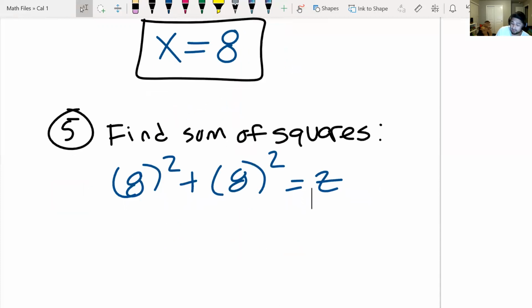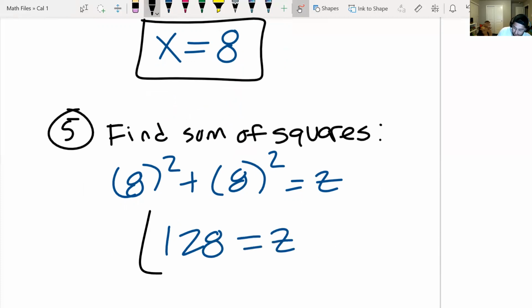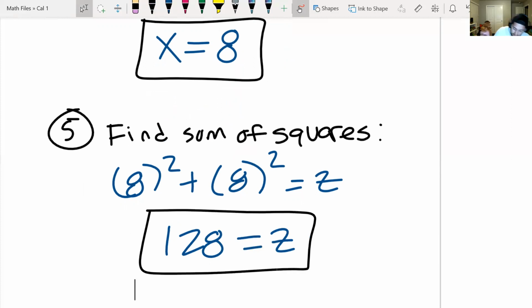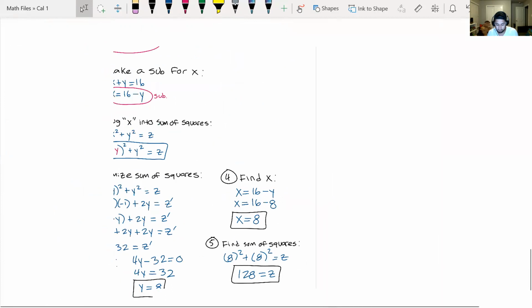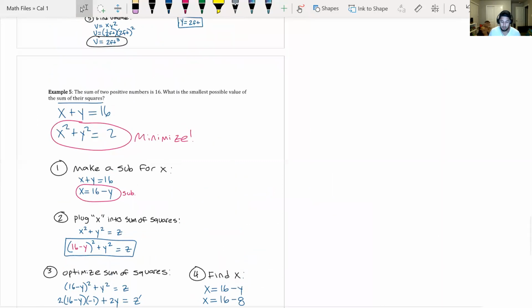And the smallest possible value for the sum of their squares is, whoops, that's 64 plus 64, so that's 128 equals z. There it is. Now we're done. So 128 is the smallest possible value for the sum of their squares. Woo! And that is optimization.